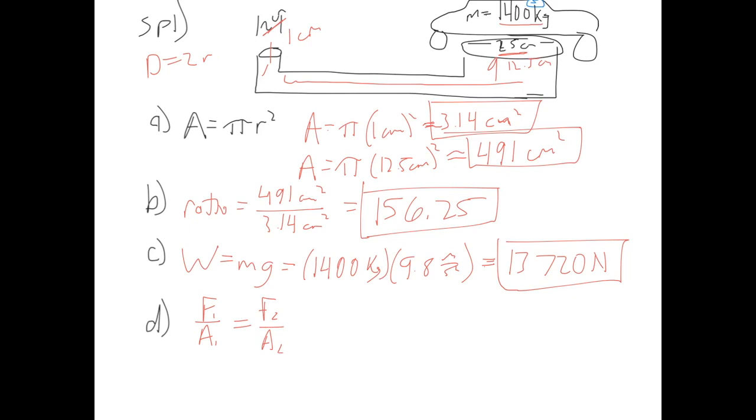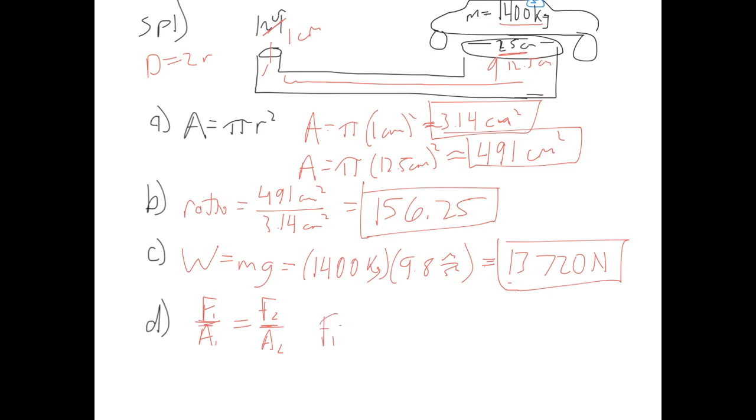We know the force on the right piston is going to be the weight. So force 2 is going to equal 13,720. And we know the area of both of them because we calculated that. So we can solve this for force number 1. That's what we need to get to.